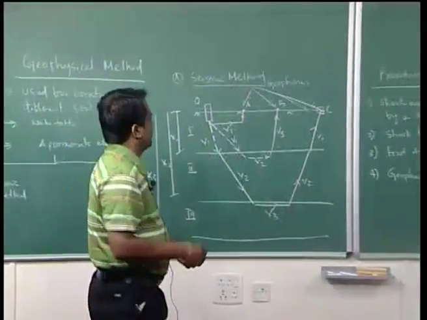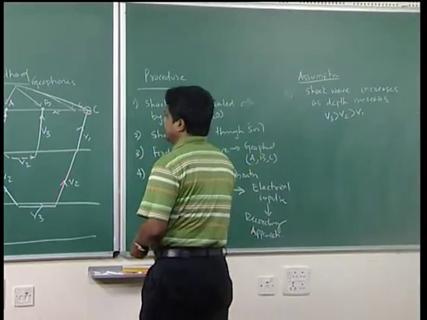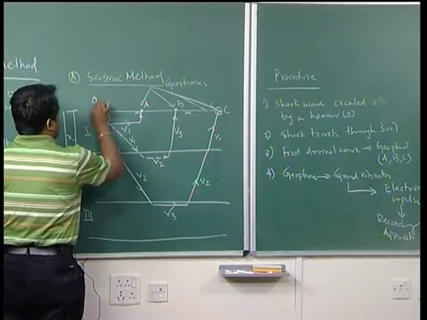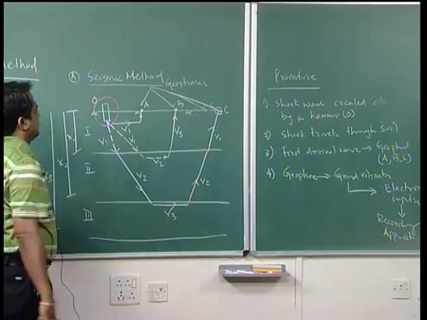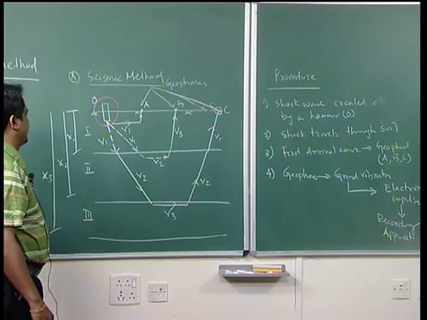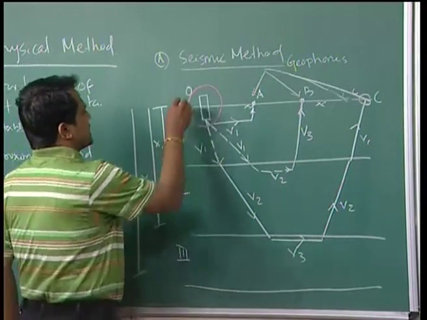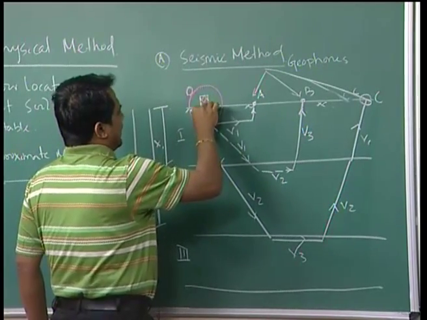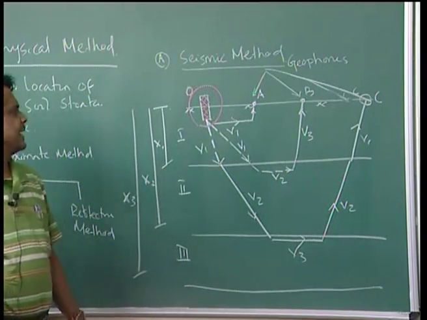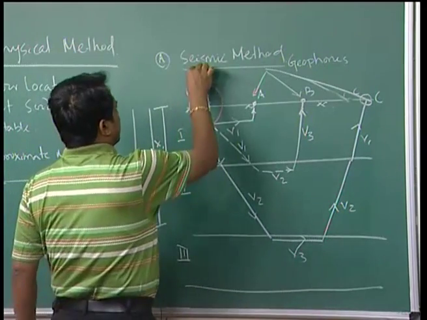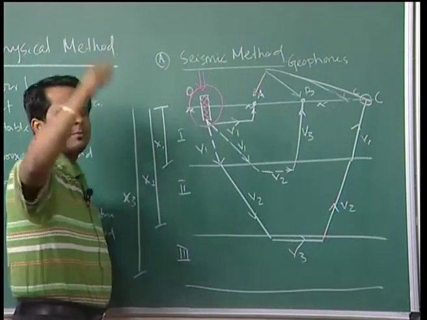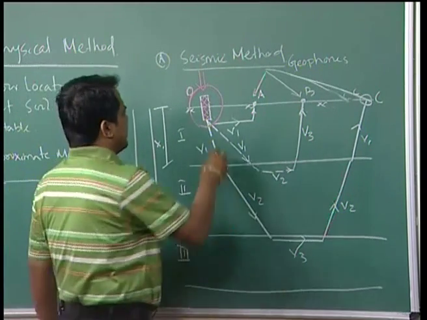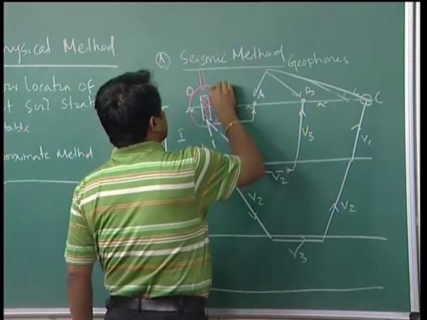In seismic method, what is the procedure? A wave is created, this is called shock wave. Suppose this is point O, at point O shock wave has been created by means of hammer. This is called source.